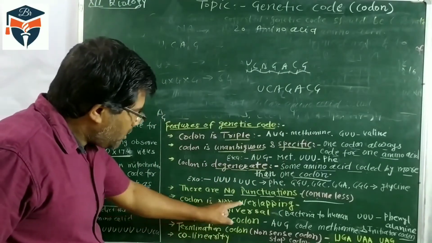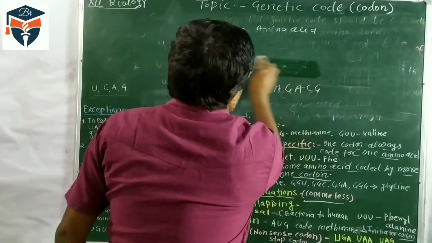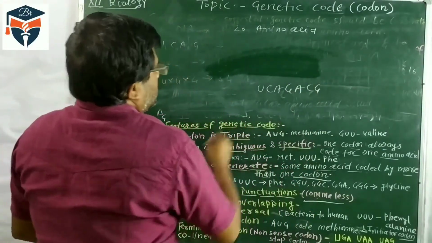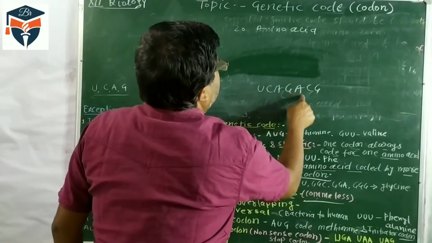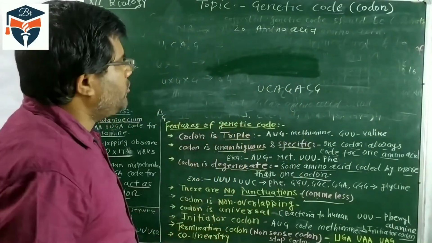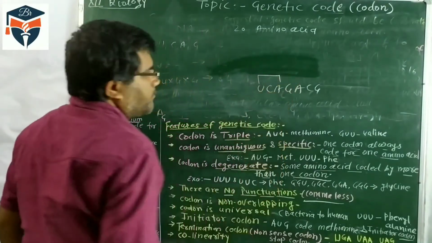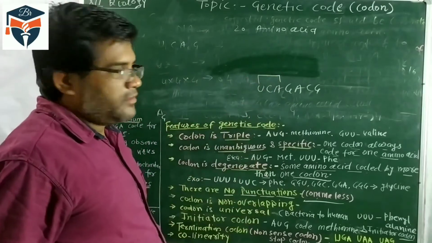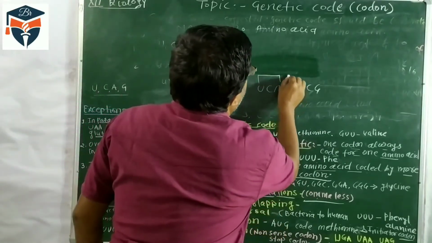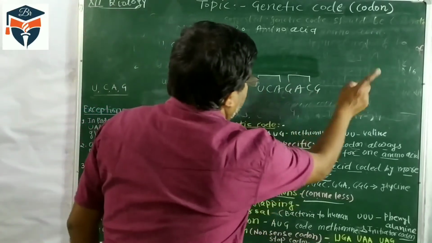The next characteristic: the codon is non-overlapping. If you see this sequence, UCAGAC, as I told you, 3 nitrogenous bases code for an amino acid. So the first one is UCA, 3 nitrogenous bases. This one is GAC, and this is not having a pair.